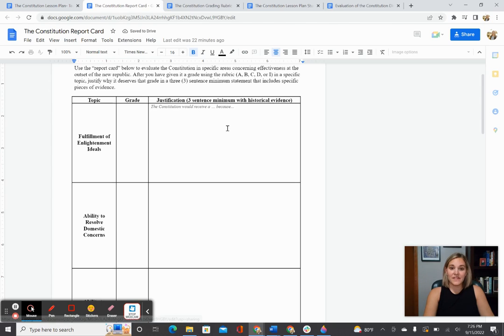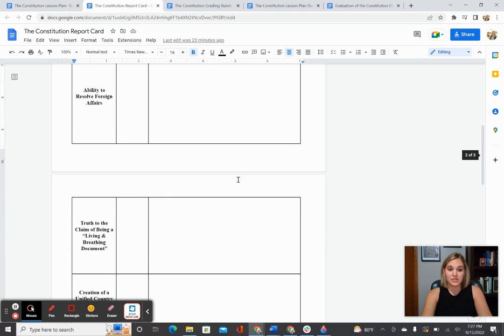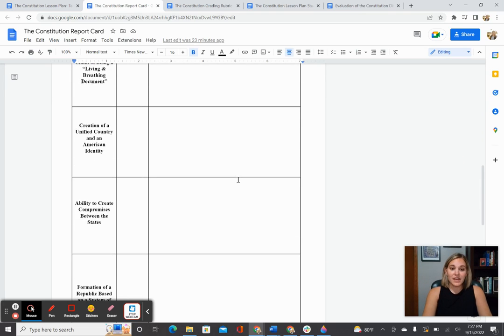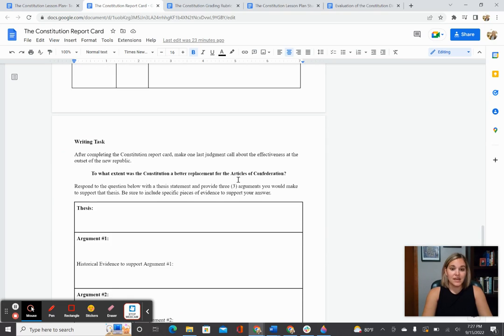They give it a grade, and then they need to provide a justification with evidence. You could do this at the end of the discussion, giving students enough time to do this. You could assign it as homework, or really this could be an extension into day 3, depending on how much time you have.